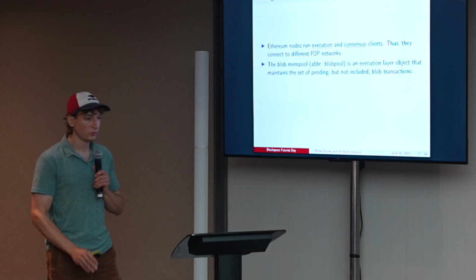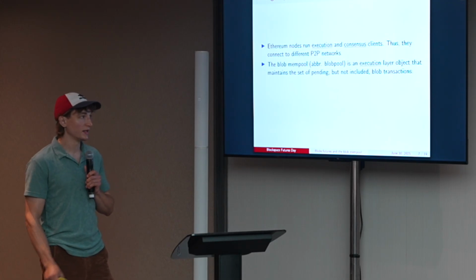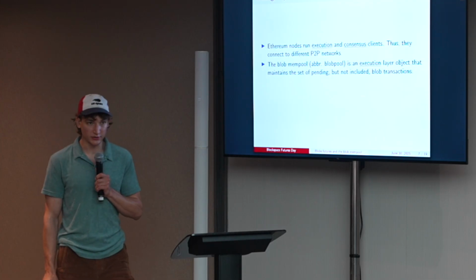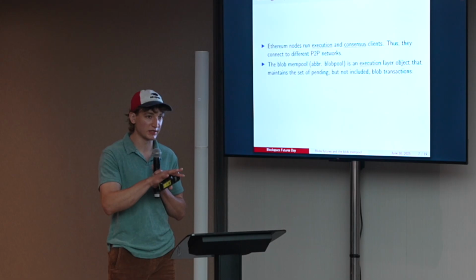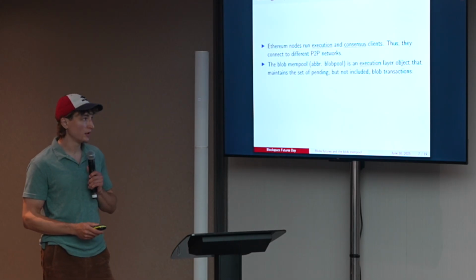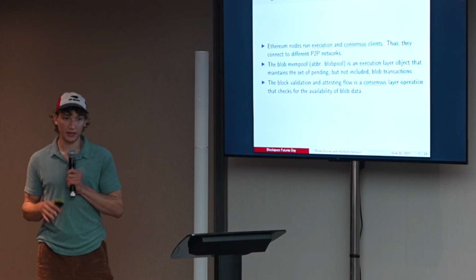And the blob mempool, which I'll sometimes call the blob pool, is an execution layer object that maintains the set of pending but not included blob transactions. So this is exactly the same as the normal mempool, but just with the specific subset of transactions that are carrying blobs. And the important thing from the consensus layer is block validating and attesting.